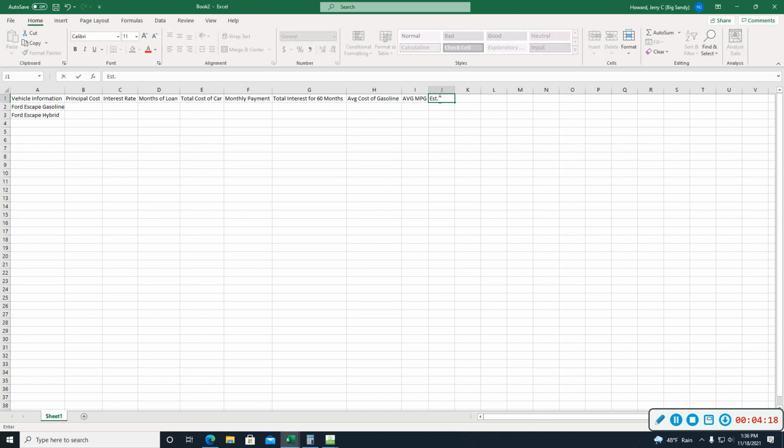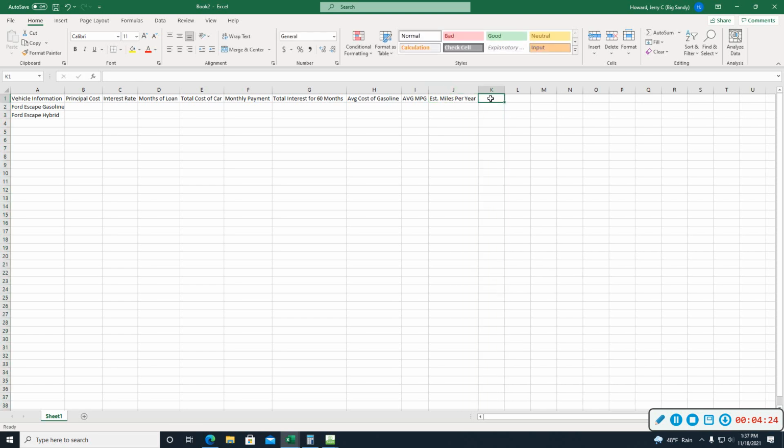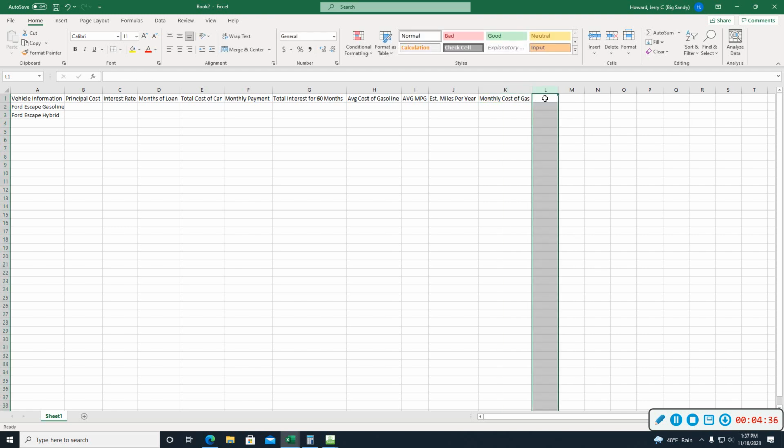Estimate miles per year. I'll type that in. Monthly cost. I'm just going to put a monthly cost of gas. Yearly cost of gas.